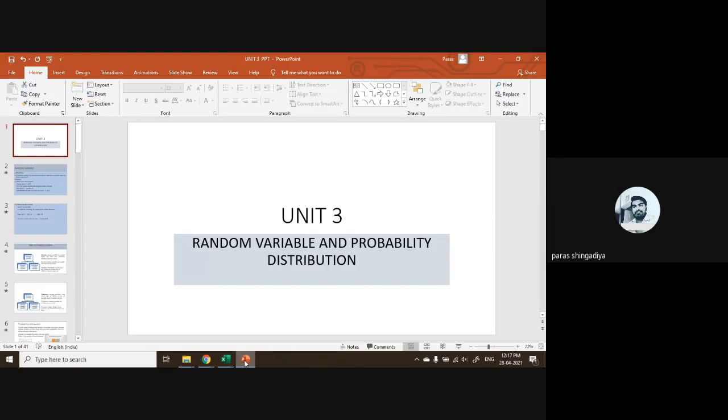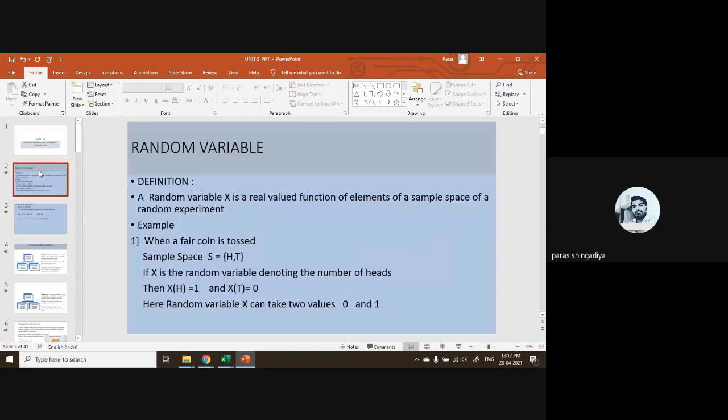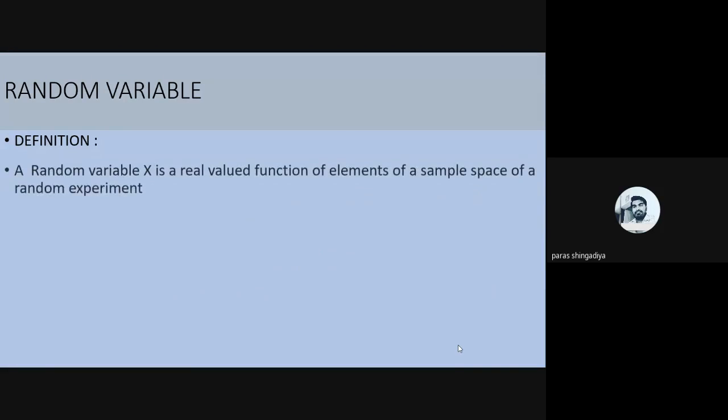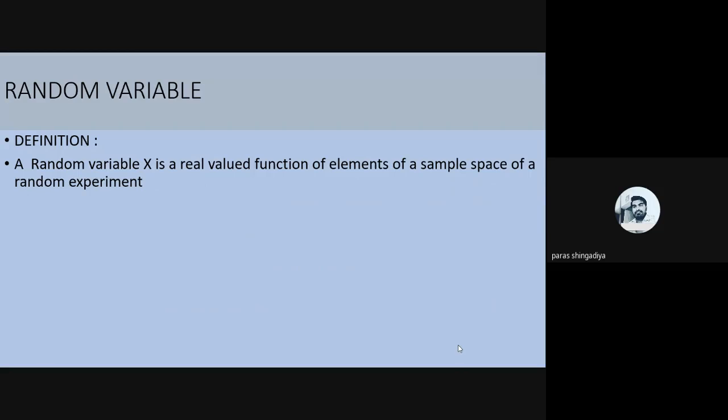So let's start with the definition of random variable, and then we'll introduce probability for any random variable. What does it mean? A random variable X is a real valued function of an element of the sample space of a random experiment. First we'll consider a random experiment, then identify the possible outcomes, which will be our sample space.